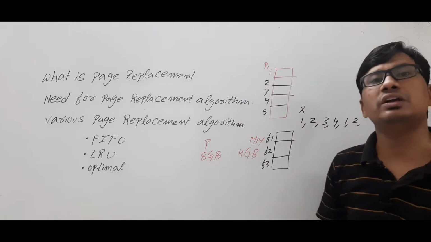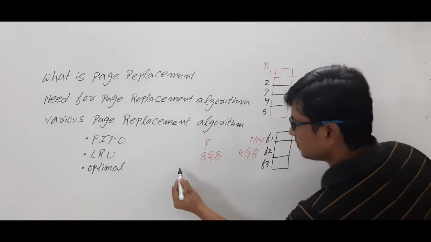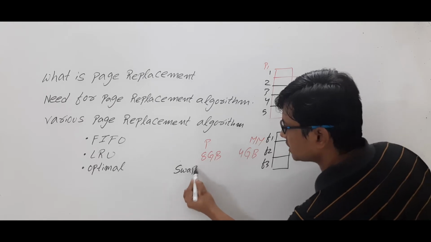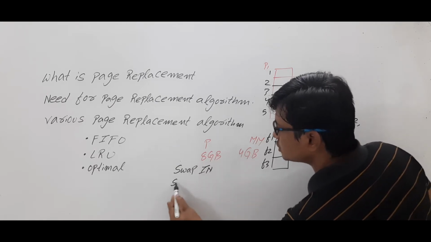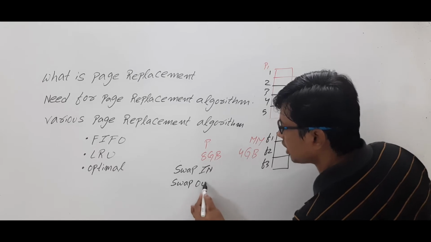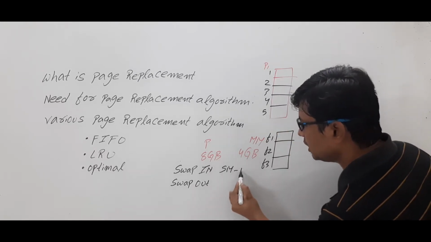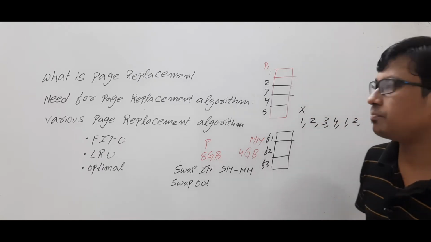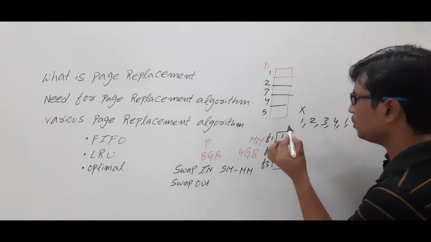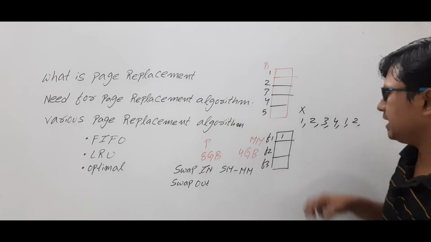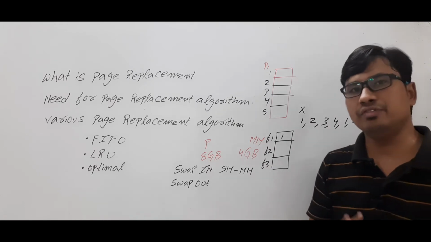That process we will call swap in. We will have two processes, one is swap in, another one is swap out. What is meant by swap in is bringing the page from secondary memory to main memory. So page 1 we will load into any one of the frames. Let's assume that we have loaded it into frame 1.